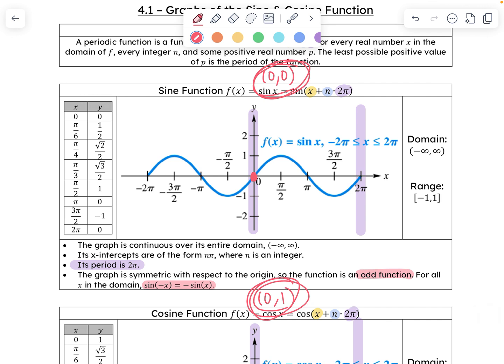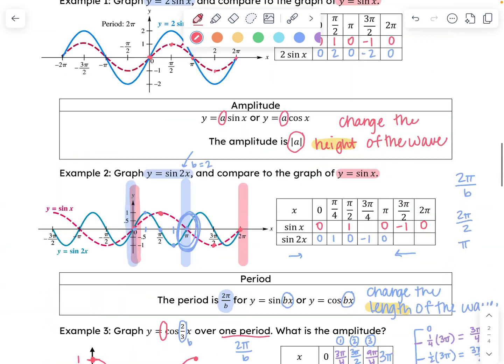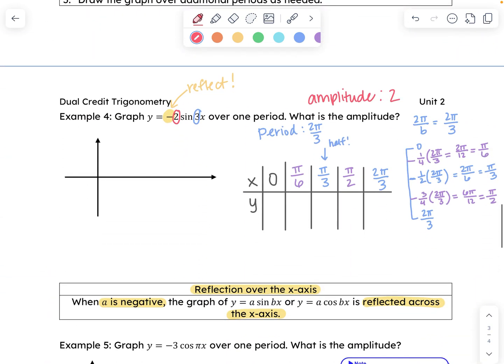So my example 4 is a sine graph. So since that's a sine graph, that means that I'm going to start at the point 0, 0. I can put a 0 right here. Now remember, normally I would go 0, 1, 0, -1, 0.